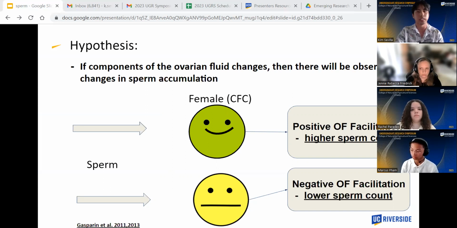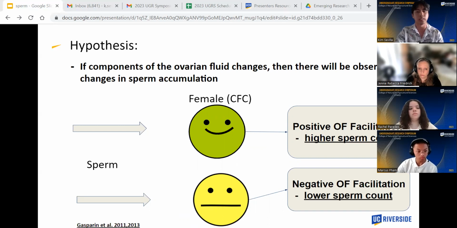There is evidence for changes in ovarian fluid composition from Gasparini et al. in 2013, who found that there was a temporal decline in sperm viability when in ovarian fluid and the saline control. Evidence for the ovarian fluid affecting sperm traits that may lead to higher accumulation also comes from Gasparini in 2011. They found that sperm velocity decreases with related males, suggesting a mechanism that favors genetically unrelated males to avoid negative fitness consequences.